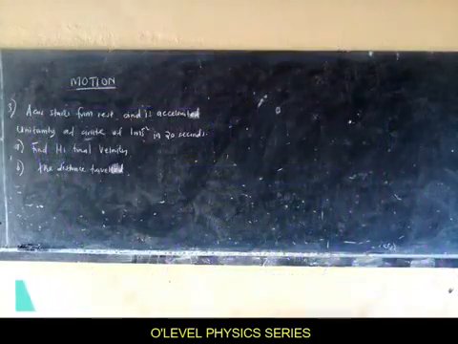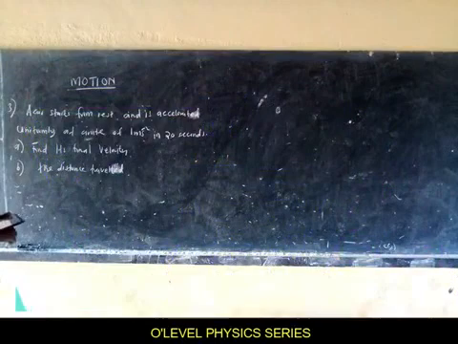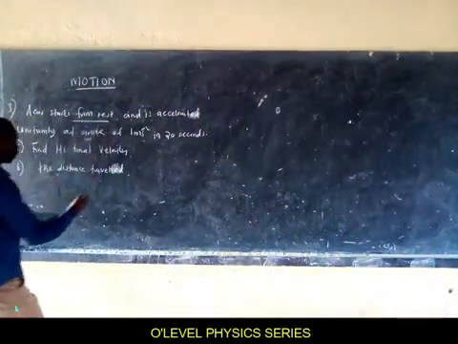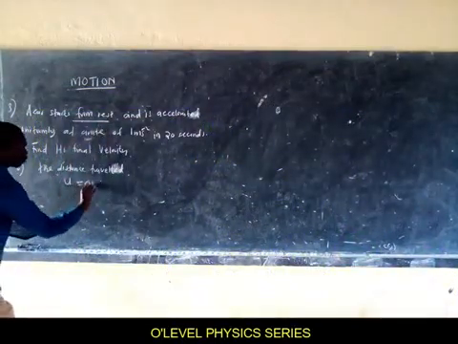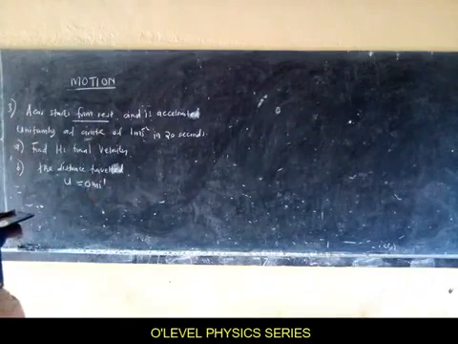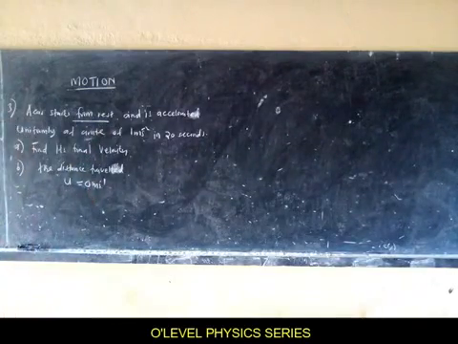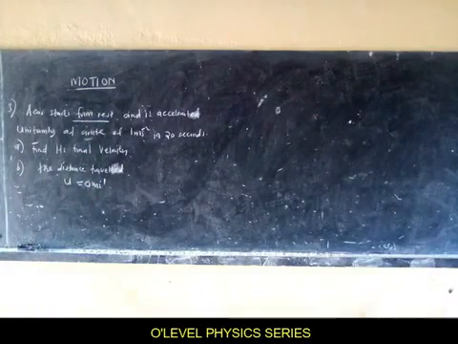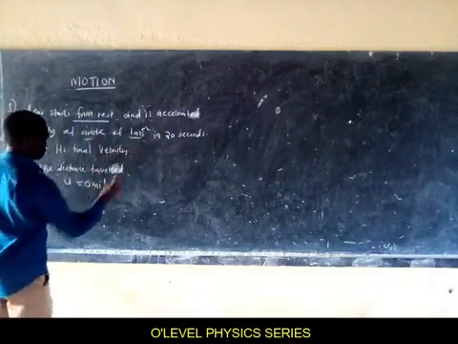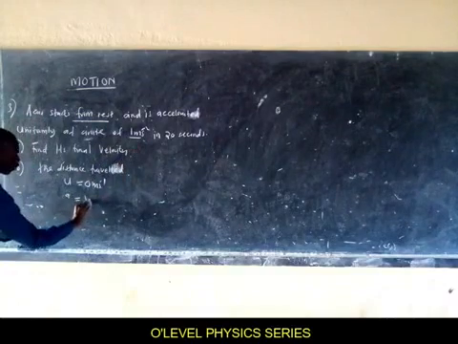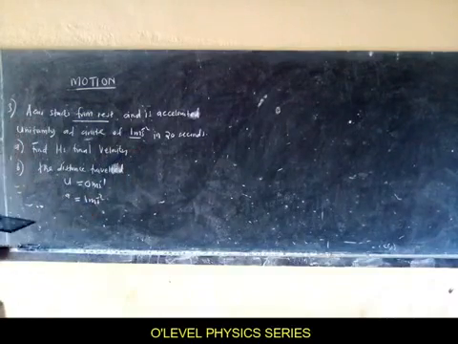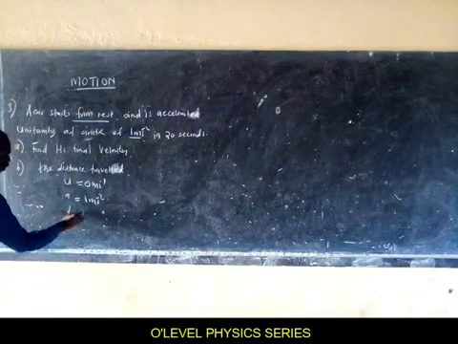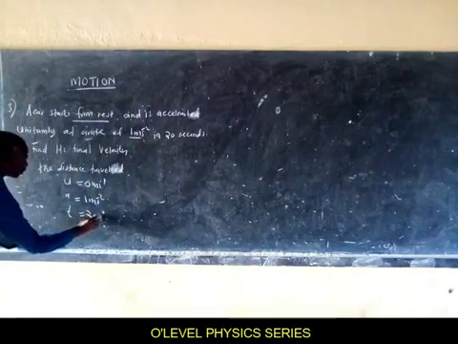After that example, they said a car starts from rest. We saw very well that from rest means u equals 0 meters per second. And they said it is accelerated uniformly at a rate of 1 meter per second squared, meaning this is our acceleration, a is 1 meter per second squared, in 20 seconds. Time becomes 20 s.